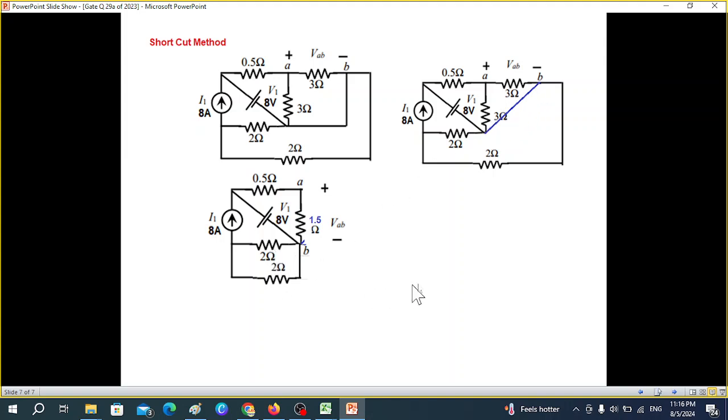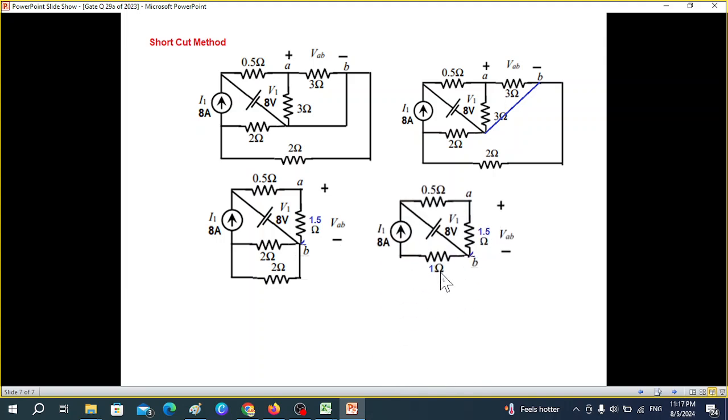Therefore, these two are in parallel, and two in parallel will become 1. Remember, we have to find this voltage, and let's redraw this circuit like this. So this is the current arm, voltage, and the right arm.